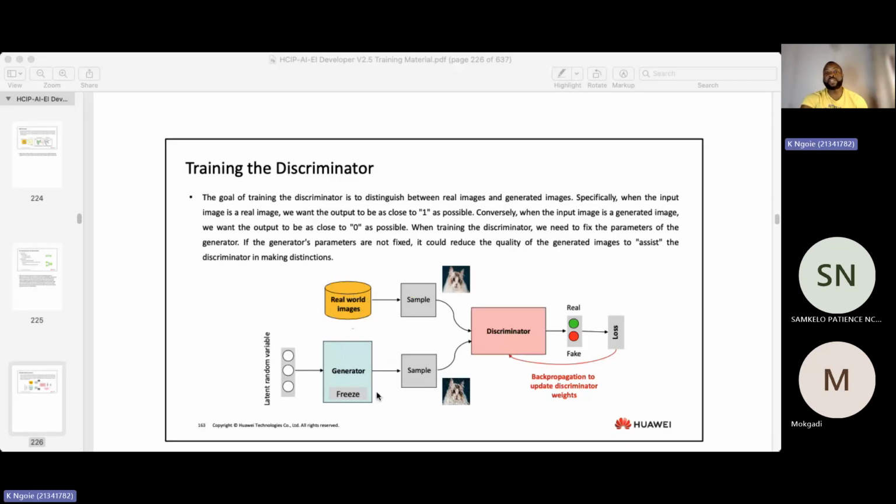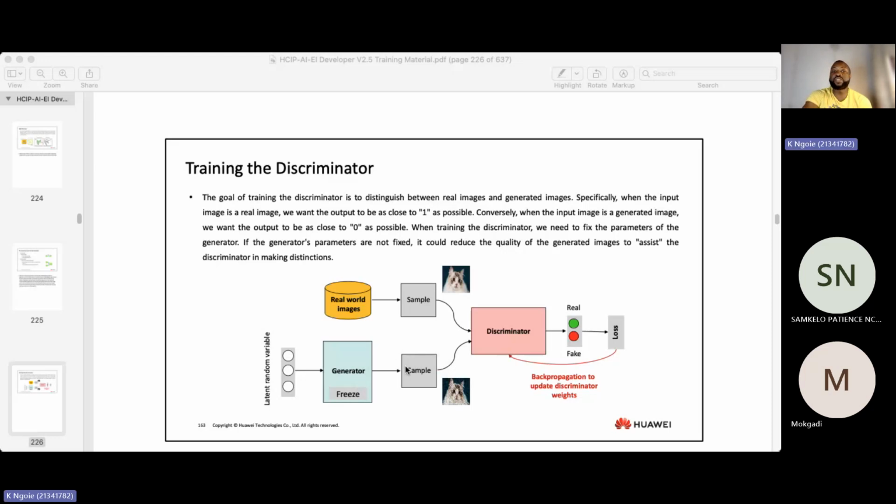Step 2 is to train on fake data. To do that, you take a batch of random noise vectors, for example 100-dimensional random numbers. You pass them through the generator, and it outputs fake images.